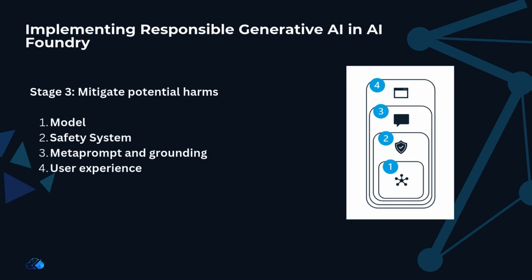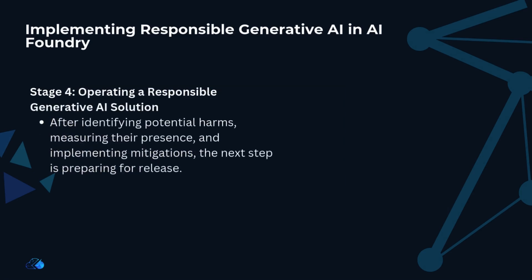And lastly, the user experience layer. Design UI constraints to prevent unsafe interactions and provide clear documentation on AI capabilities and limitations. By applying safety measures at multiple layers, developers create AI solutions that are not only powerful but also responsible and safe.